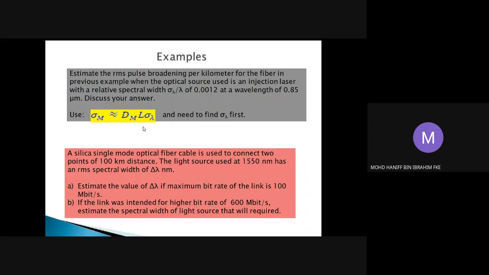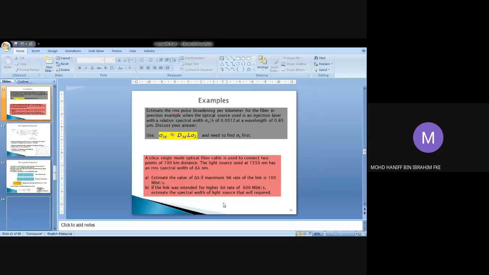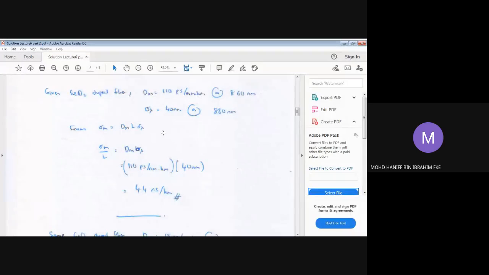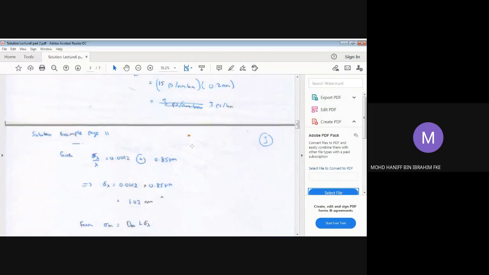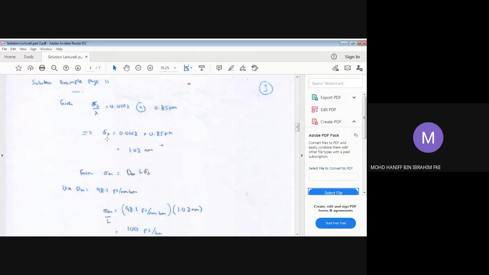Okay, now I'm going to show you this solution to make it clearer. It's nothing much there, just a substitution of values. Okay, so this is for the previous case just now, you can read this on your own. This is the one that I mentioned just now, which is sigma lambda over lambda is 0.0012 at this wavelength.